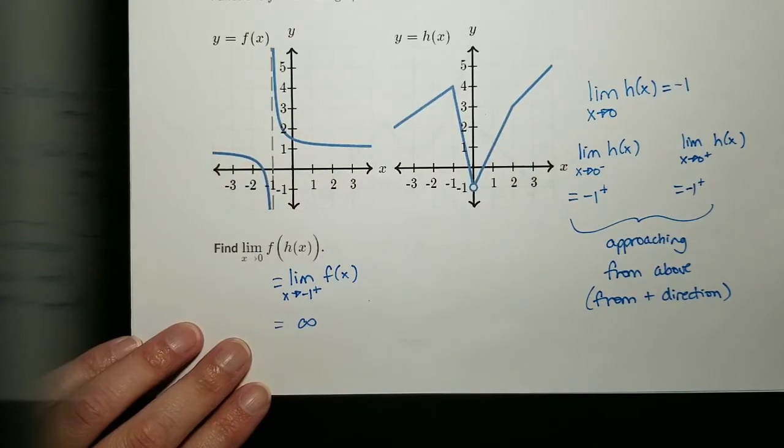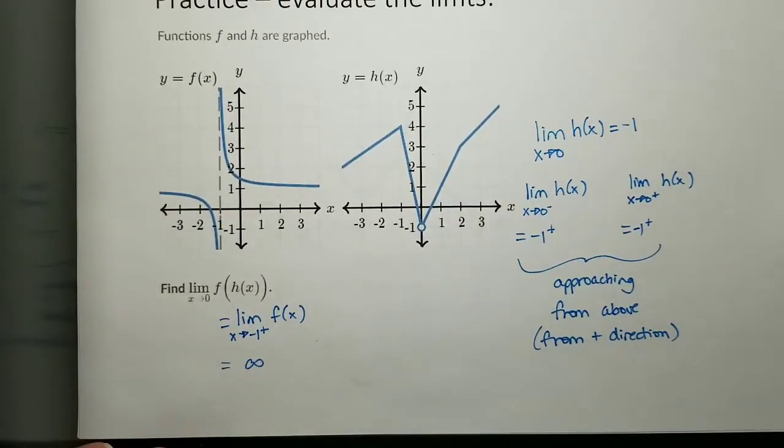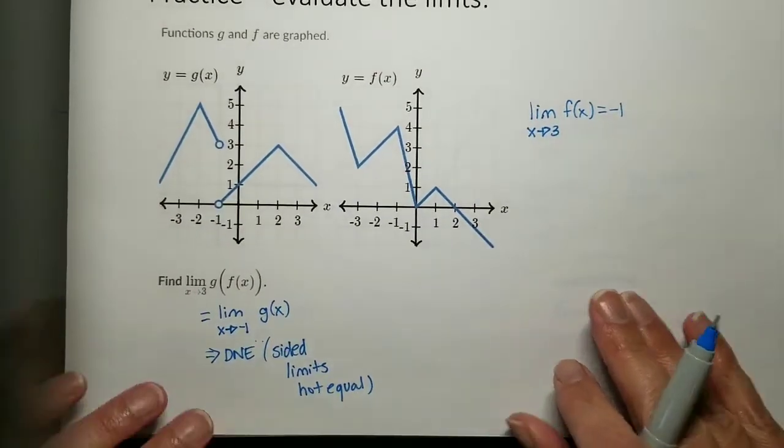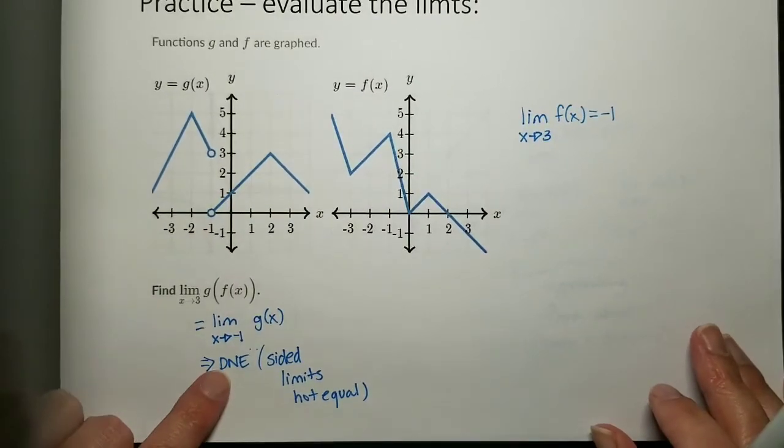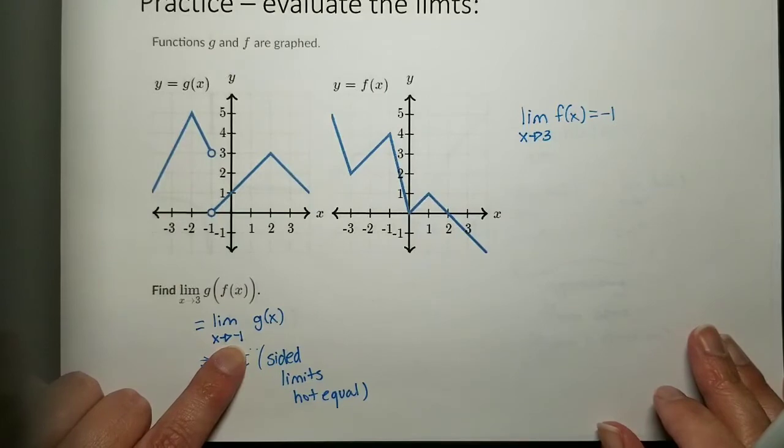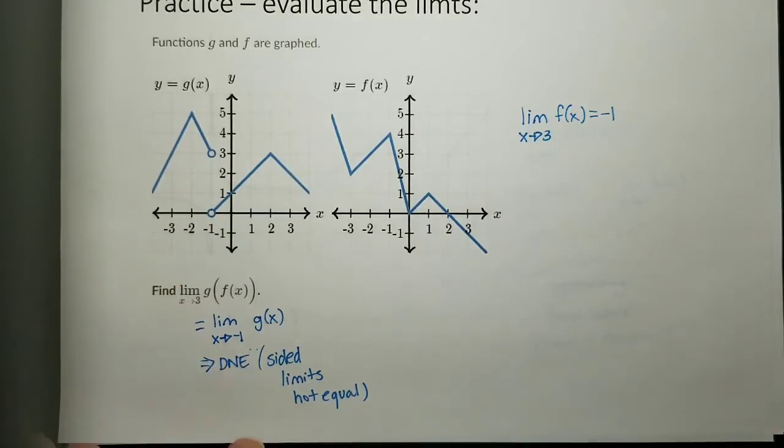Now, would that have worked on the last example? I'm going to pull this back. This is the one I just did where I said it doesn't exist. There's no value here, right?